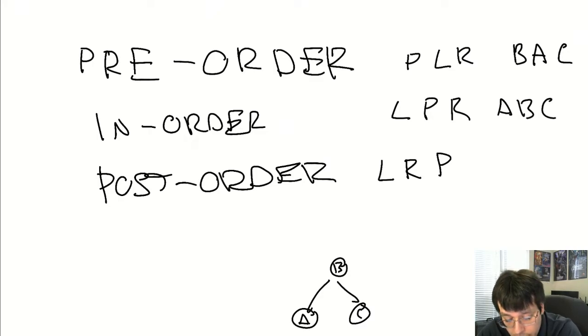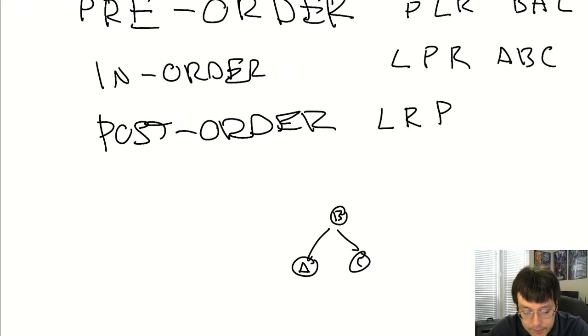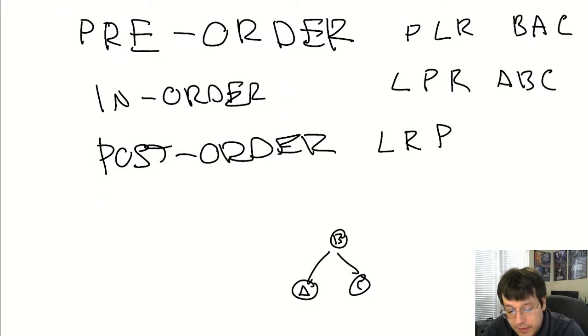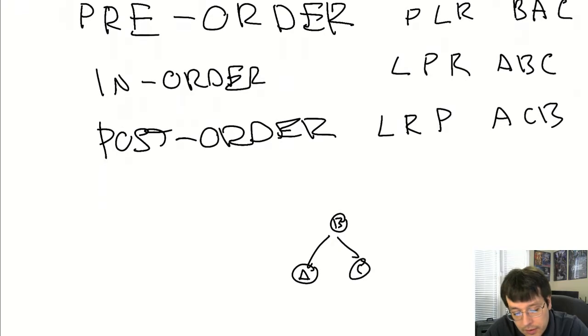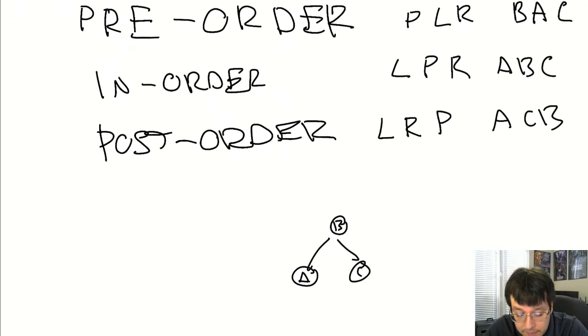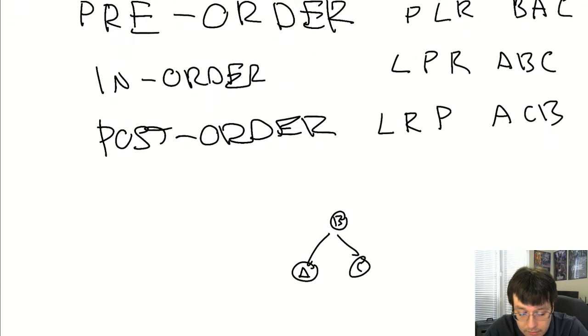And in-order for a binary search tree, where left things are smaller and right things are bigger, is always going to print in alphabetical order or numerical increasing order. And then post-order, in this case, is going to be A, C, B. So it looks kind of like the in-order, but not quite.